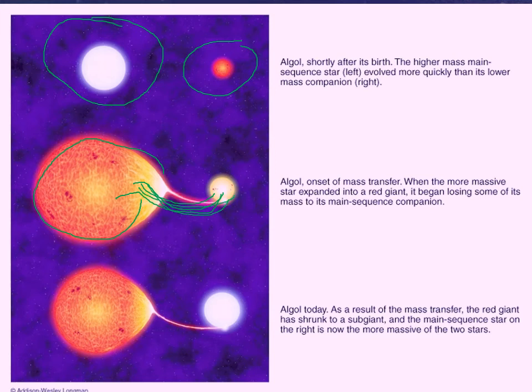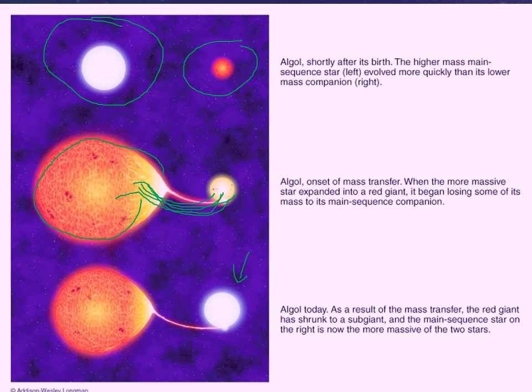Well, that causes that star to get bigger, gravity gets stronger, and so the fusion in the core has to speed up in order to balance the weight of all that mass we're adding to it.